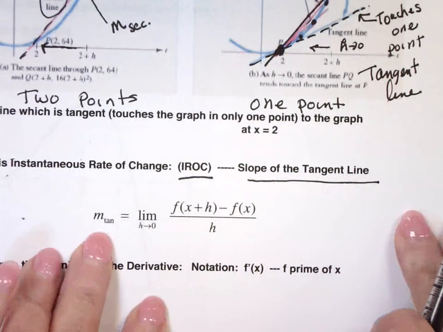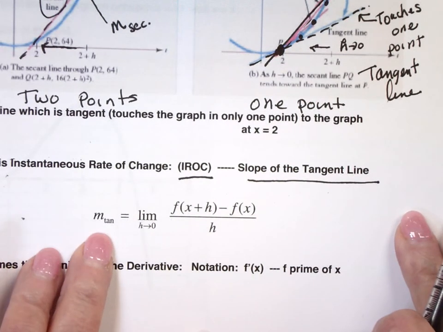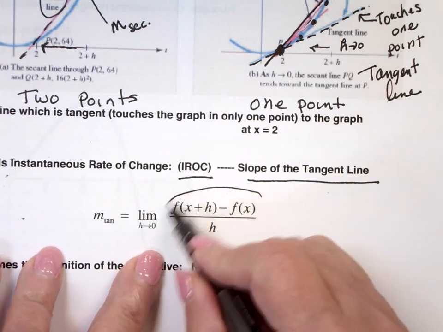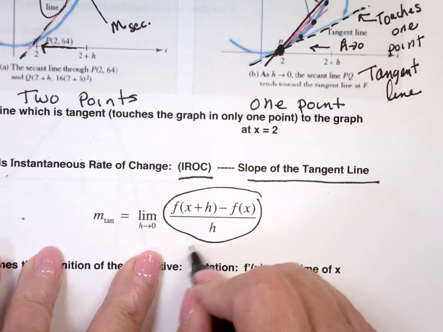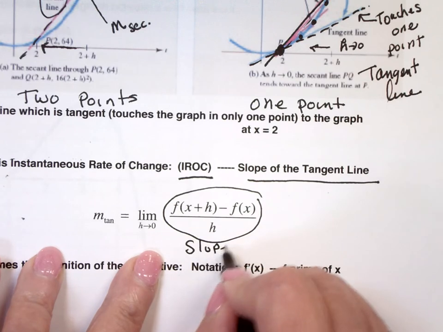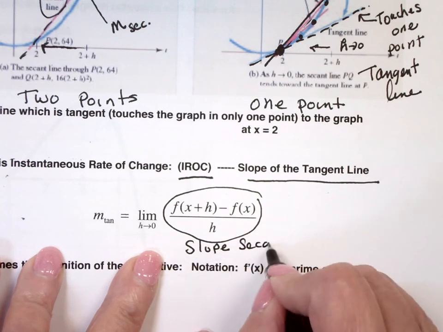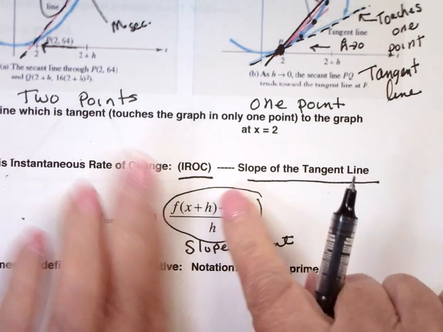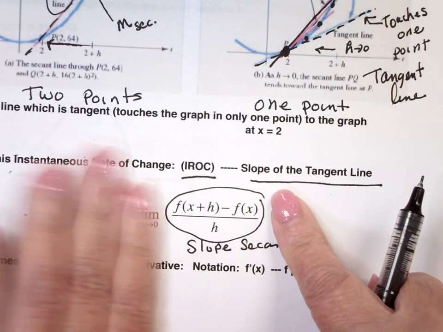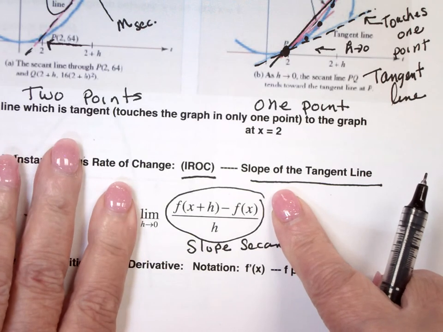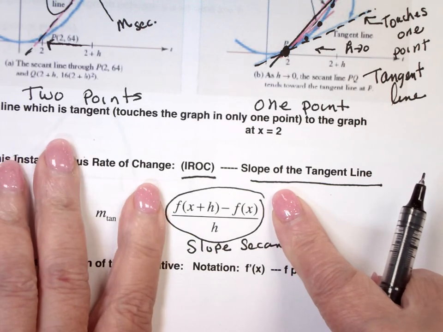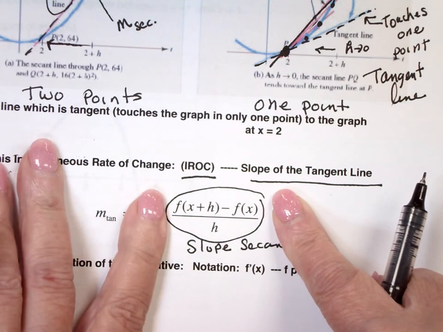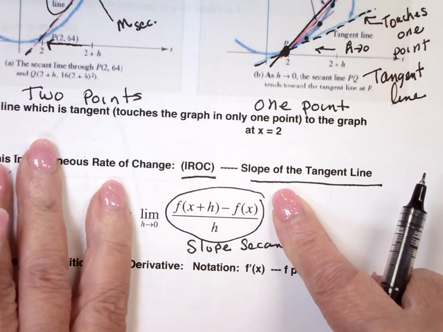The slope of the tangent line is the limit as h goes to 0 of this, which is the slope of the secant. Algebra, calculus.